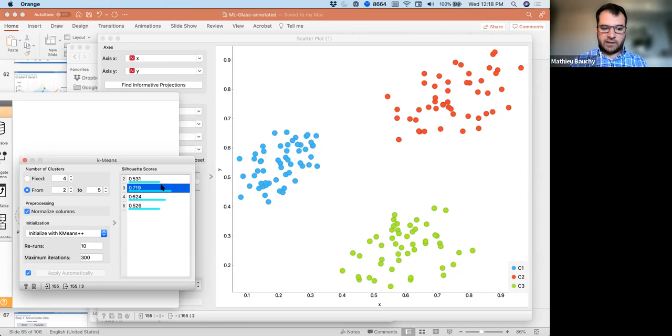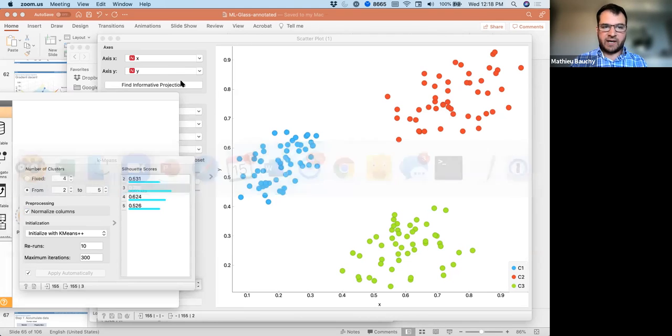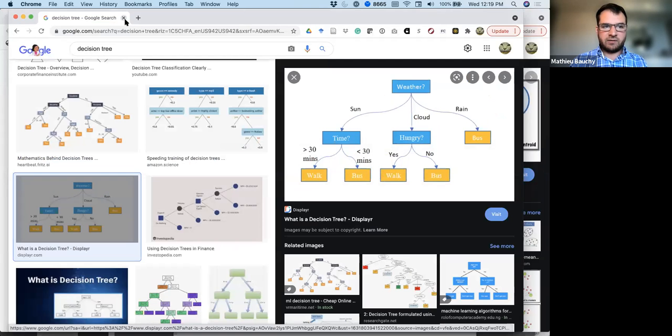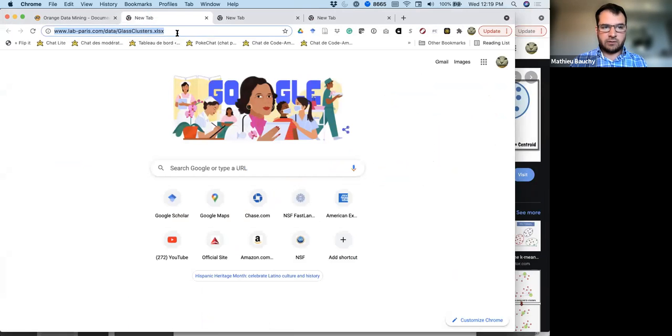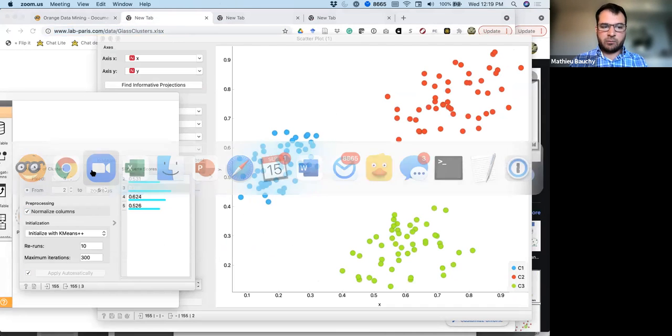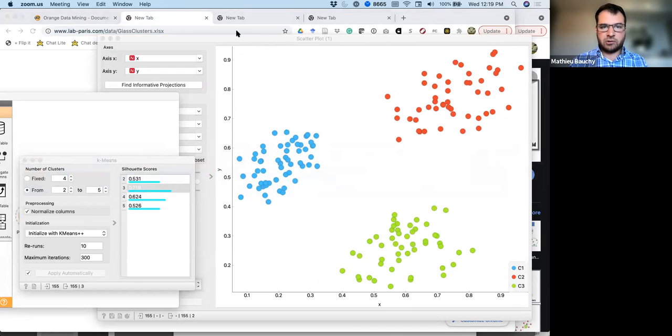So what I'm going to do now is send you a data set that, again, I'm going to put in the chat. What I would like you to do is load this data set, download it, and find some clusters of glasses. So let me show you how it looks. I'm going to put this data set in the chat. Same as yesterday, I gave the address in the chat.